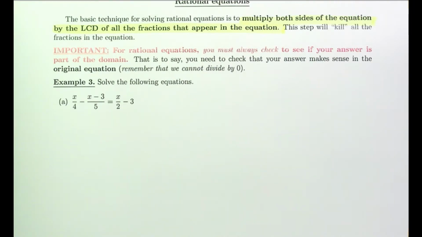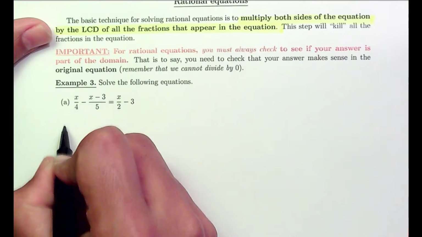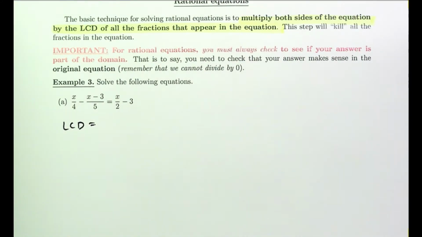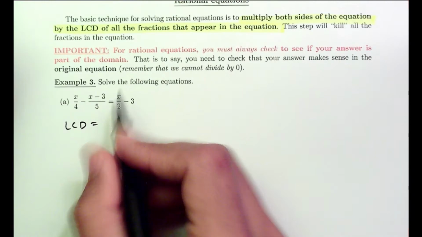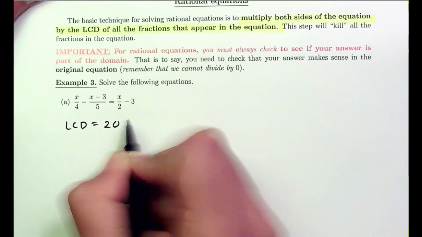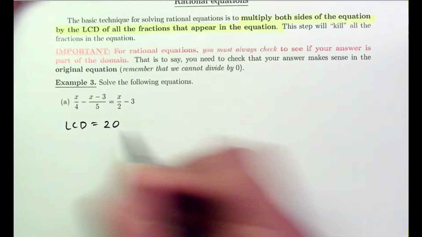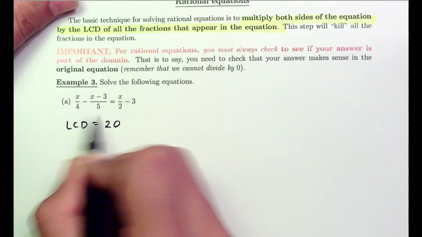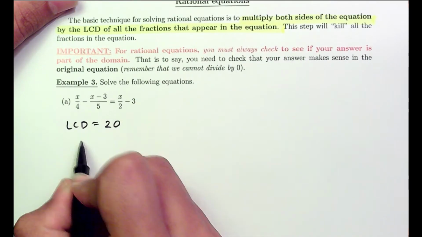The LCD of 4, 5, and 2, or the least common multiple, I have to think of the smallest number that contains all of them as a factor. That seems to be 20. 20 is the smallest number that has 4, 5, and 2 as a factor. Remember though how you actually do this. You're supposed to factor each of the denominators.